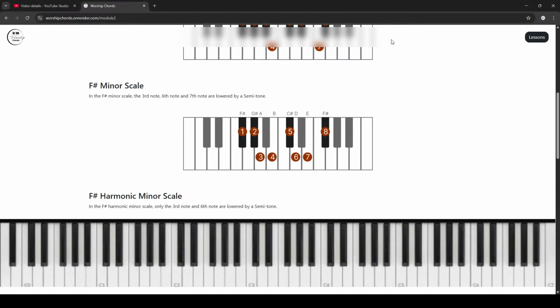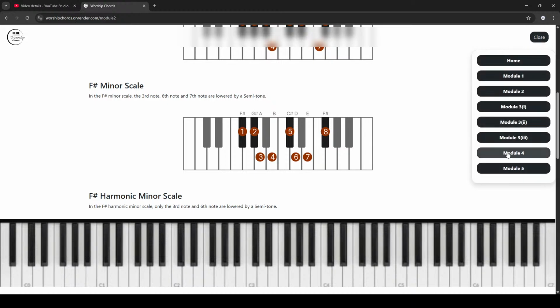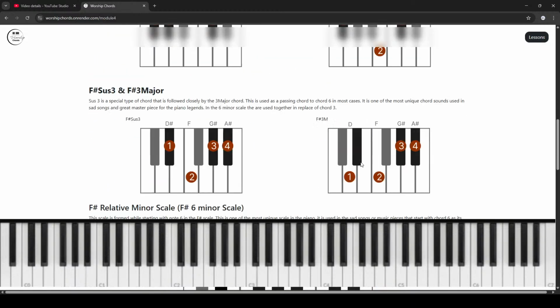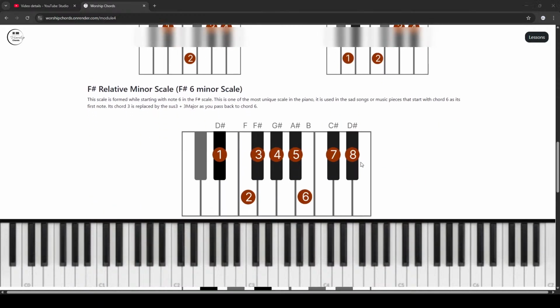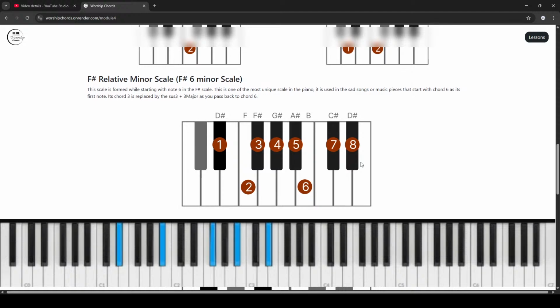Now let's look at an example of the songs that use the relative minor scale. Let's look at the song I Enter the Holy of Holies. It usually starts on the chord 6.